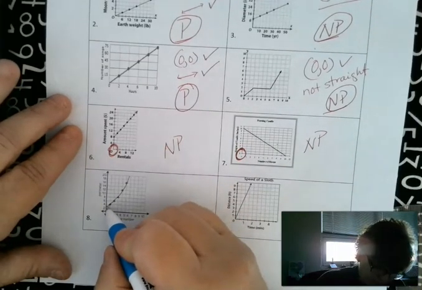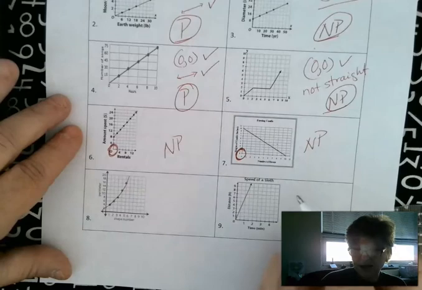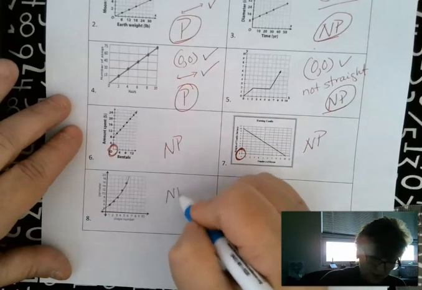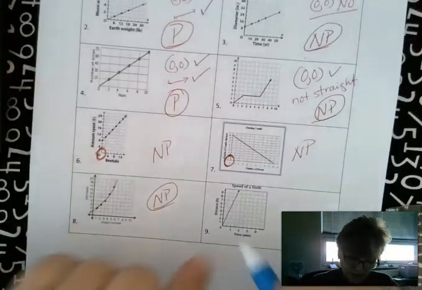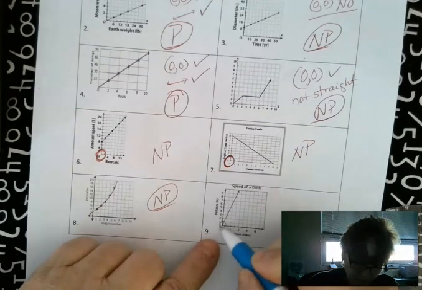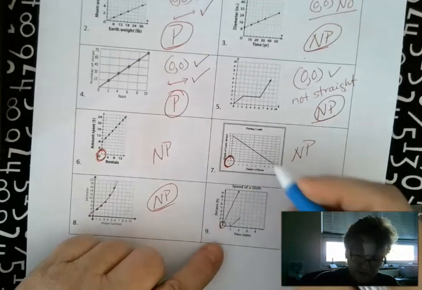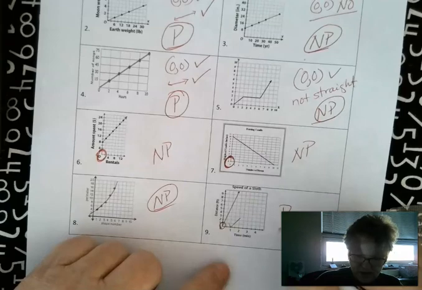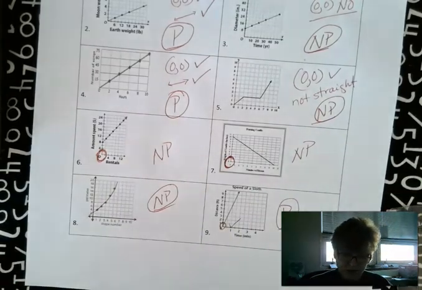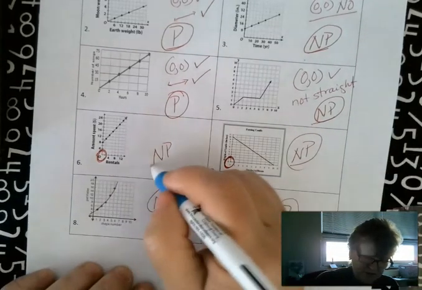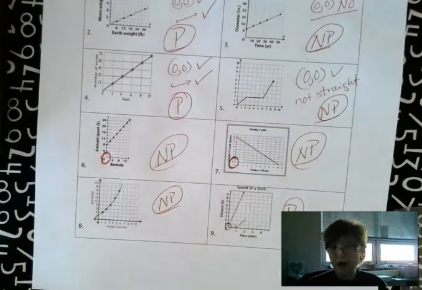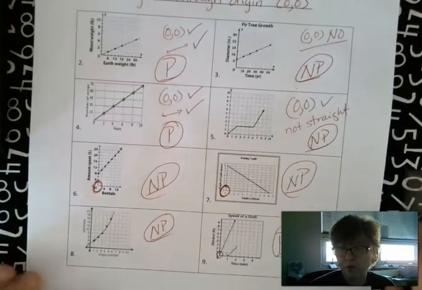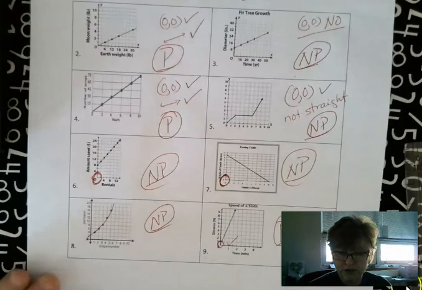If we continue that line, it doesn't meet either. So it's not proportional. Here we're at 0, 0. So that's correct, and it is straight, so it is a proportional relationship. So hopefully these have given you some insights into how to check a graph for proportional and non-proportional relationships.